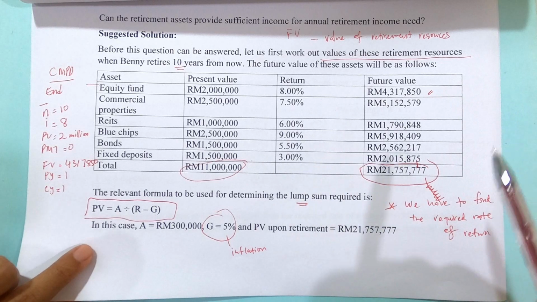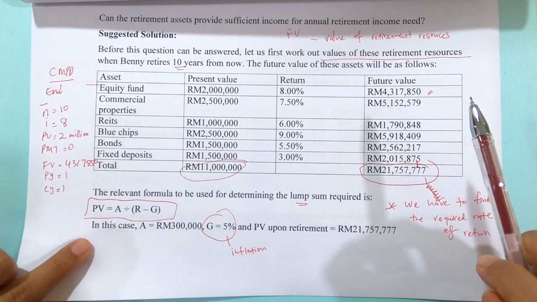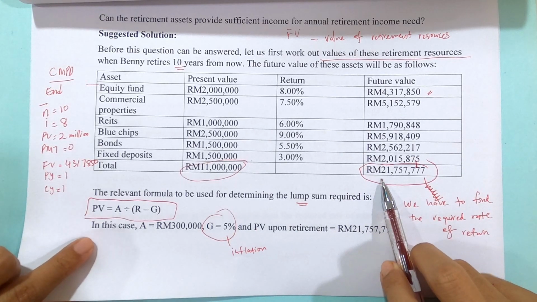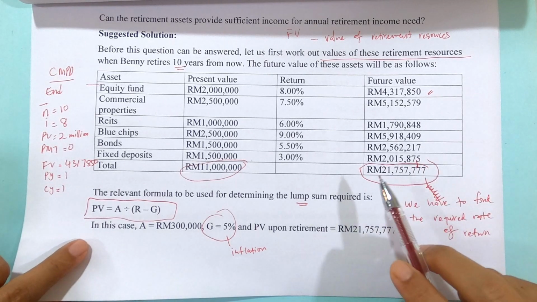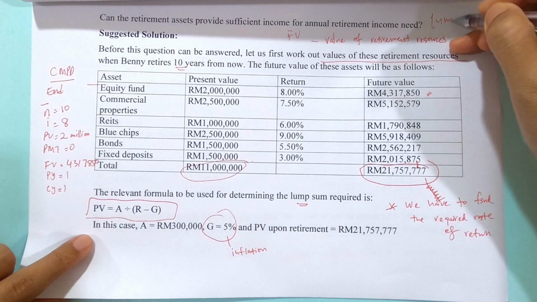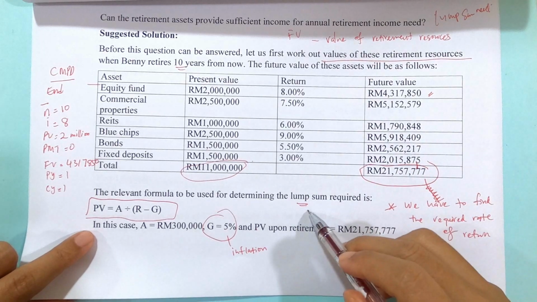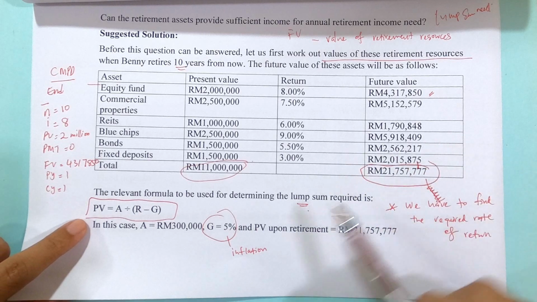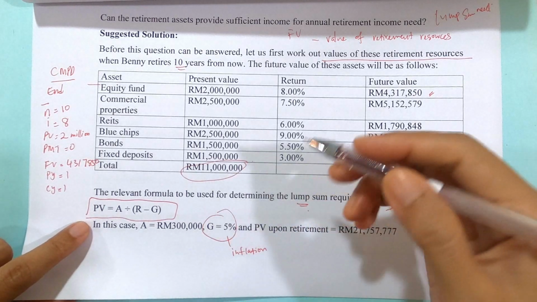The total asset that Benny has after 10 years, when he starts to retire, is about 21 million. This is a very, very huge amount. And if we want to calculate the lump sum need of Benny, we can use the formula provided in chapter 3.